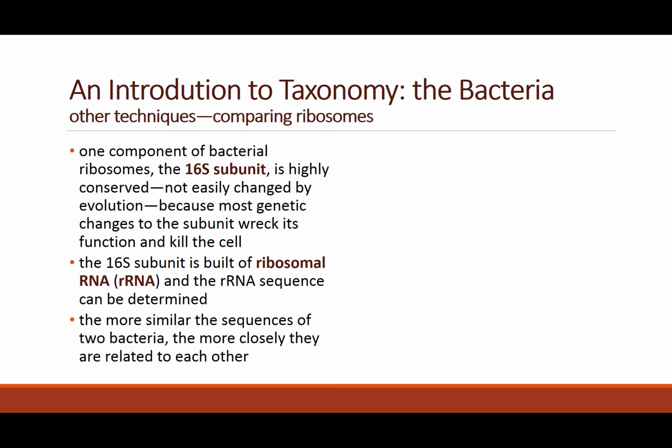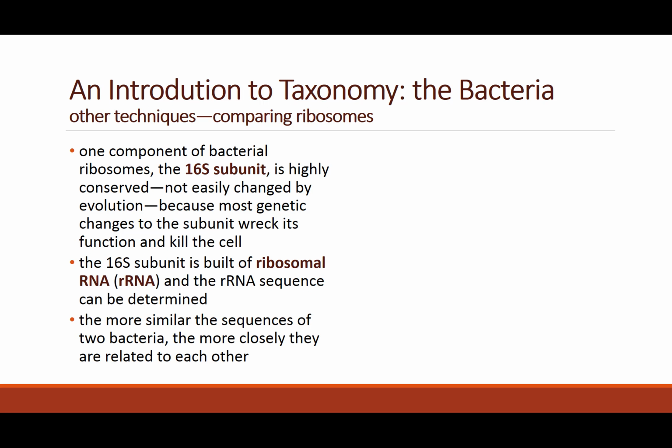So the 16S subunit is highly conserved. That means that if you make many changes to it genetically, or to the genes that build it, then you wreck that 16S subunit, and if it loses its function, then that's going to kill the cell. So it can't stand to be changed very much.